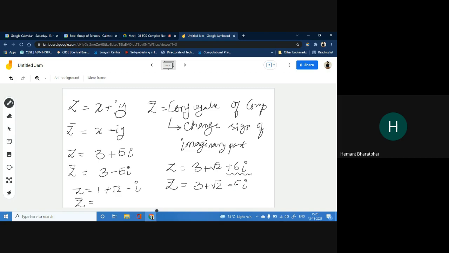Suppose I have one more complex number, say 1 plus root 2 minus i. This is the only imaginary part, and this is the real part. So when I want to find out the conjugate of this, you only have to change the sign of the imaginary part.